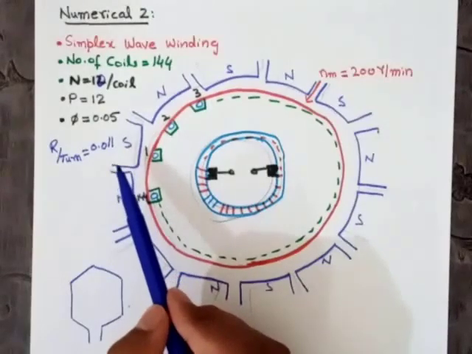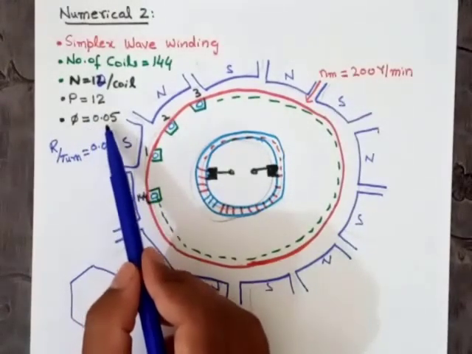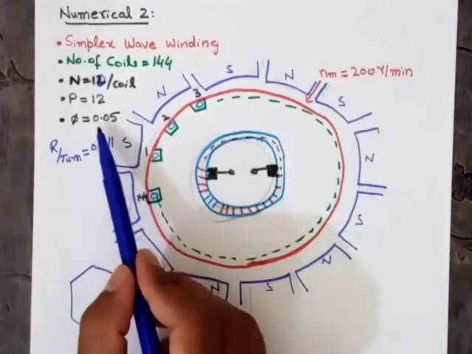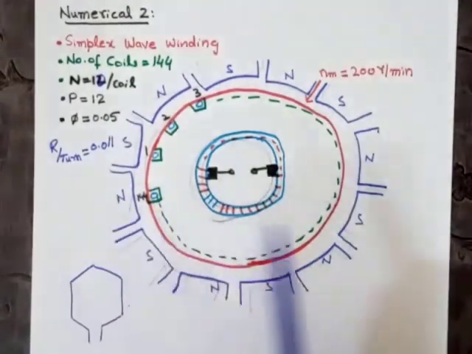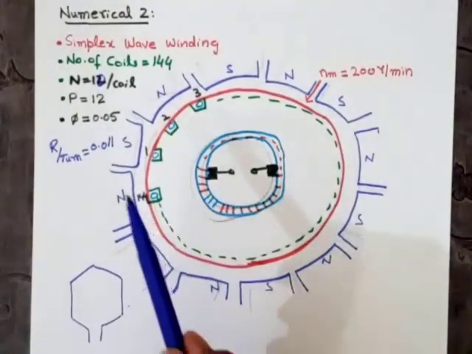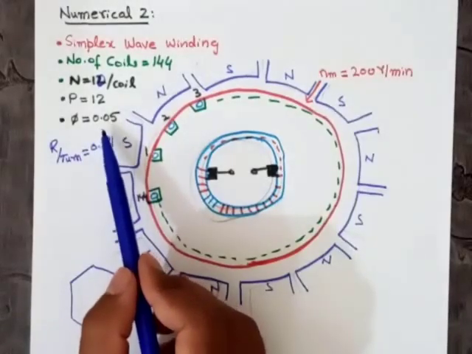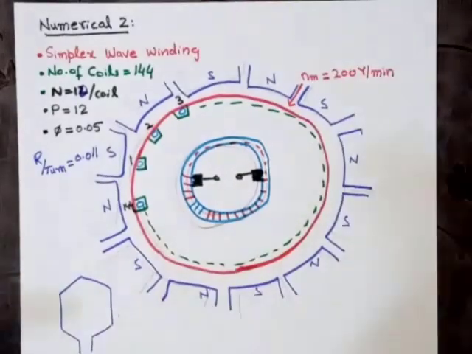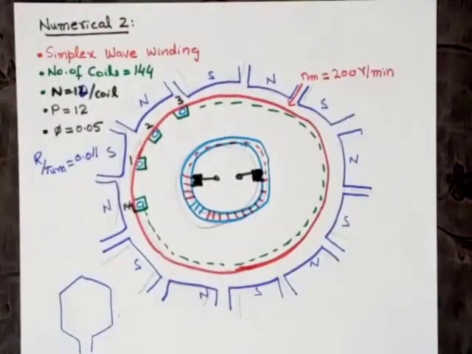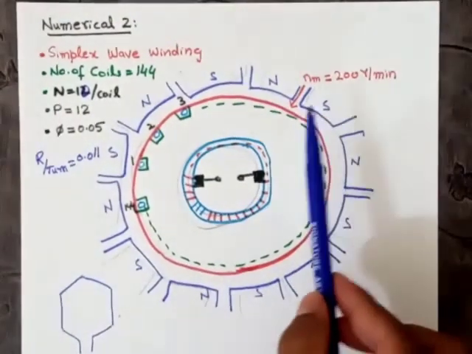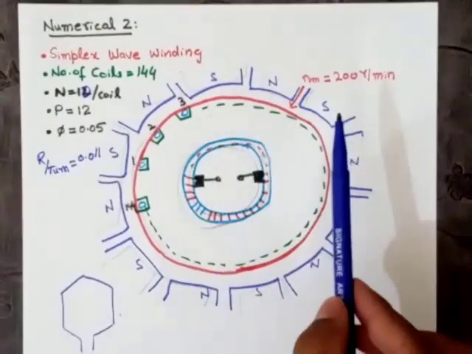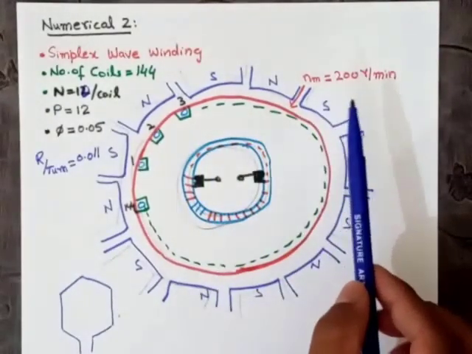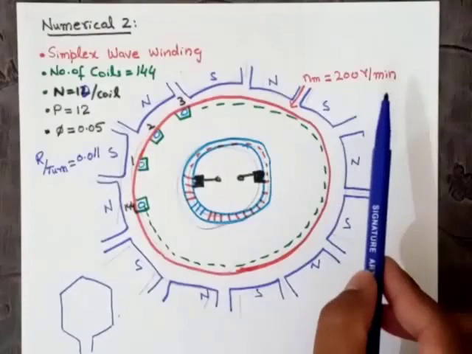Its flux per pole, due to north and south pole, is equal to 0.05. And it is turning at a speed of 200 revolution per minute. The speed of rotation is given here, Nm is equal to 200 revolution per minute.